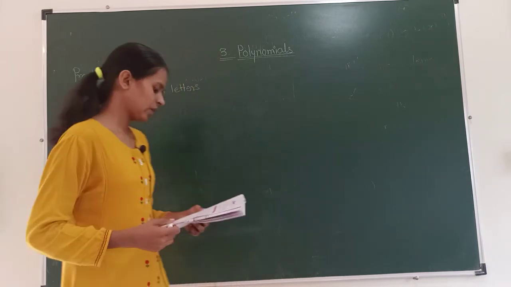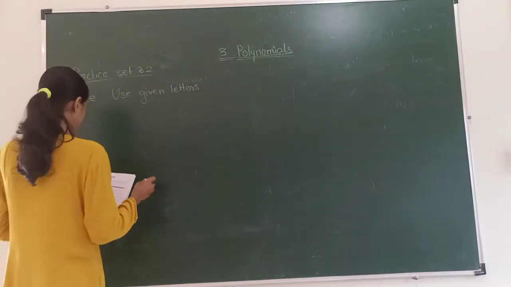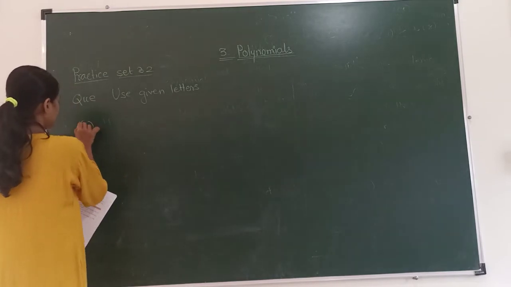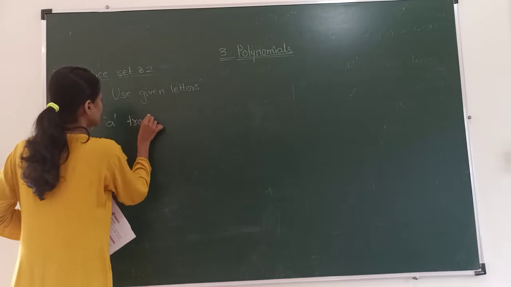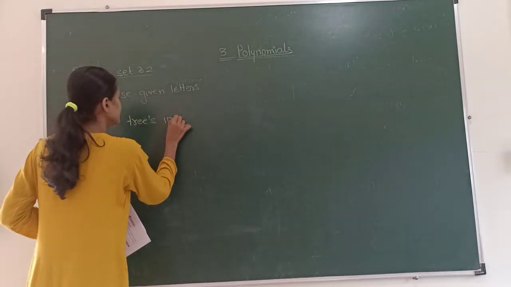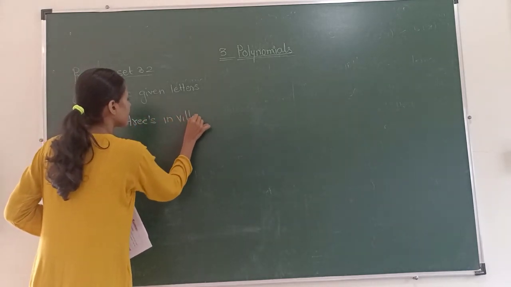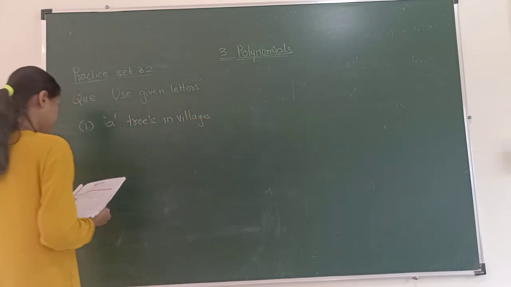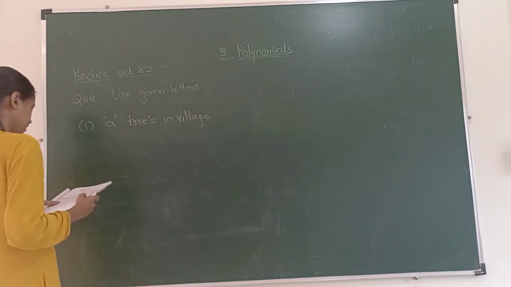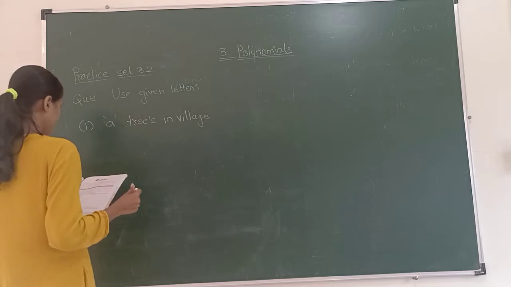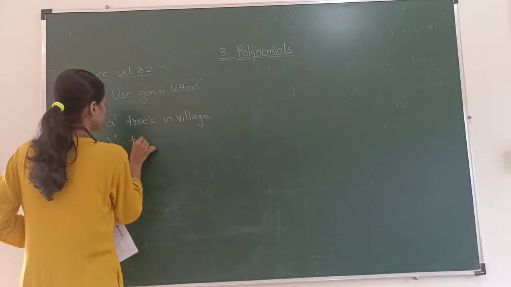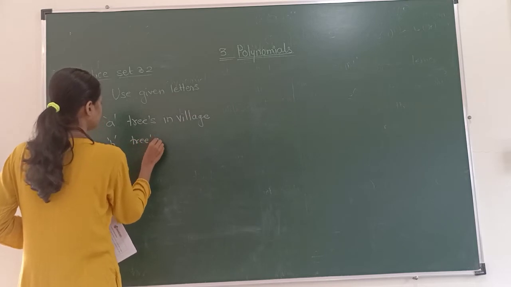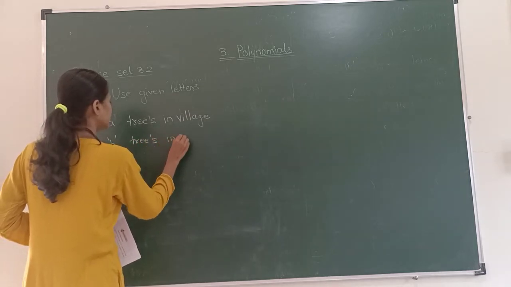Okay, so what have they given? 8 trees in a village. Firstly we will write the question in short so that you will understand. 8 trees in village. After that they have given that trees increase every year by B. B is the number by which trees increase.